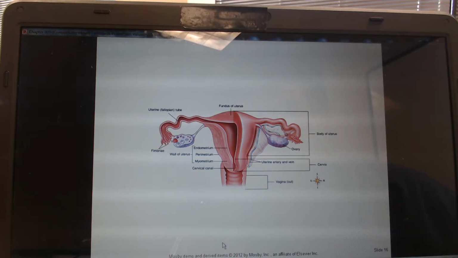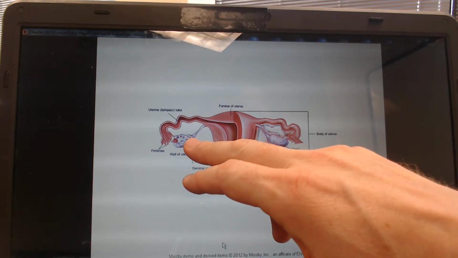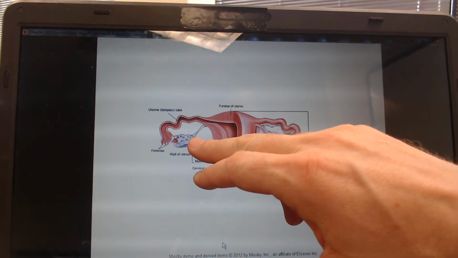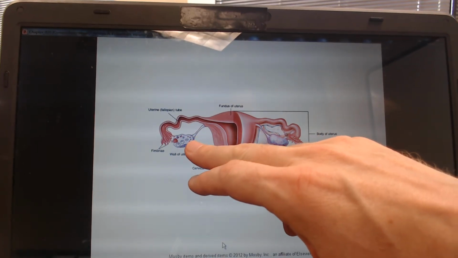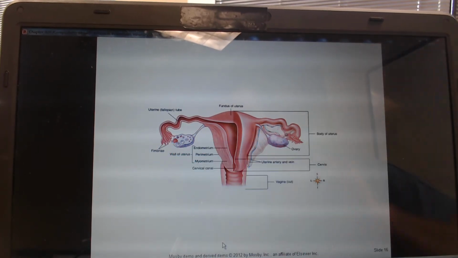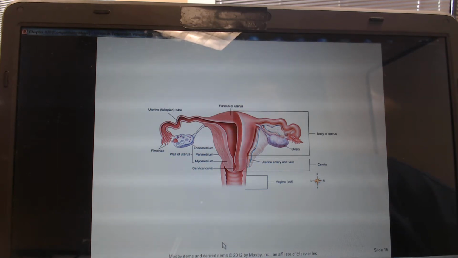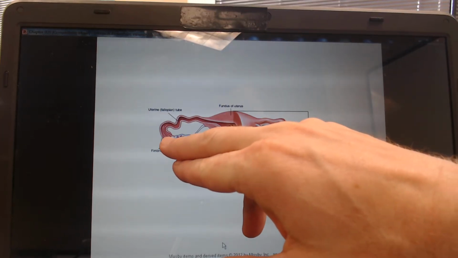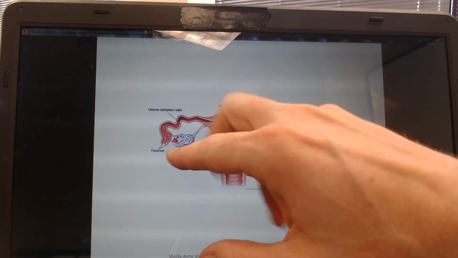In this diagram, we can see the ovary, and we can see how the primary follicles are going to go through the maturation process to become Graafian follicles, which house a fully matured ovum, and that ovum, when it's released, will go into the fallopian tube.